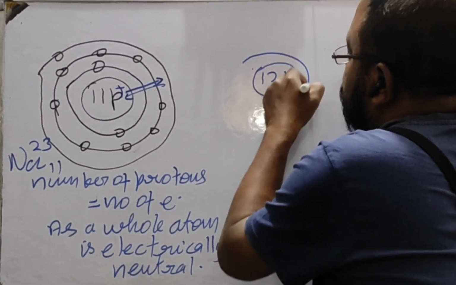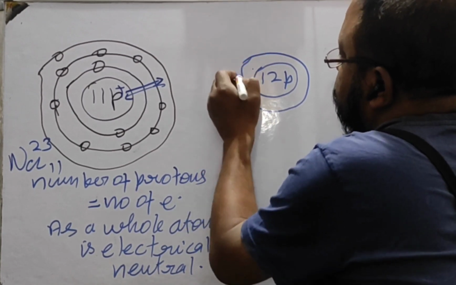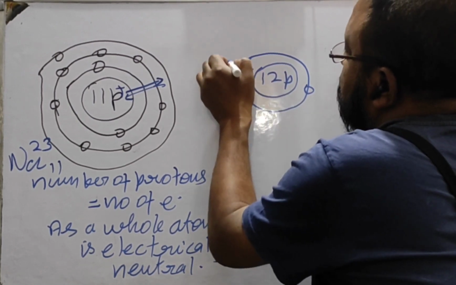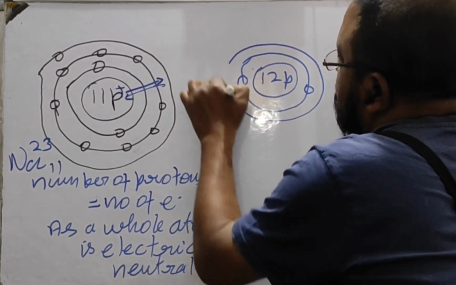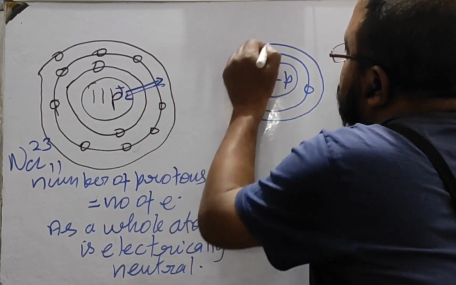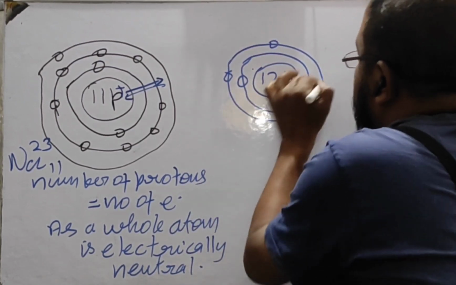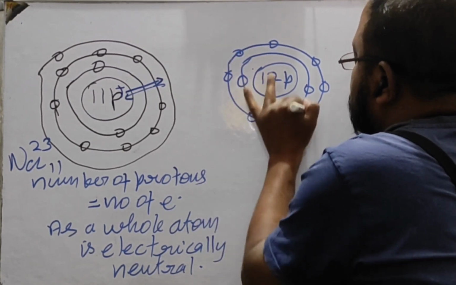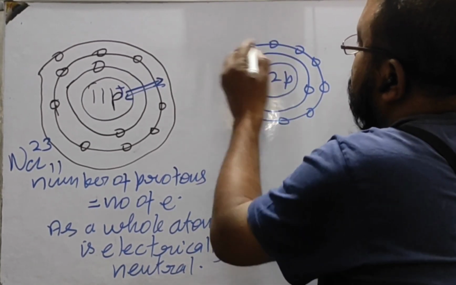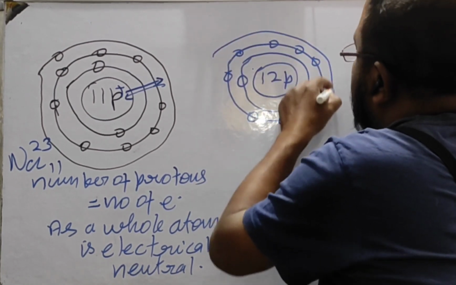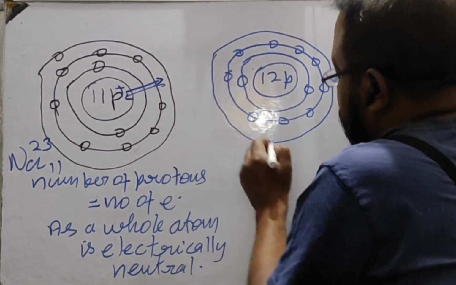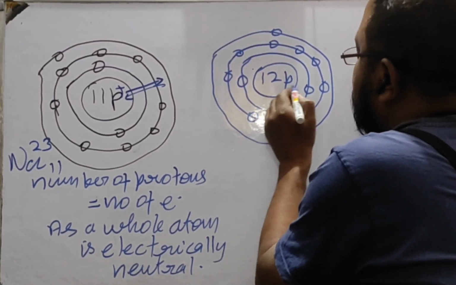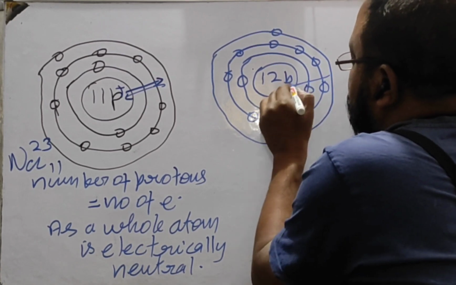It has two electrons in the inner shell, then eight electrons in the second shell, and in the third shell it has two electrons, right? So since the charge is increasing, the electrostatic force is increasing, right?